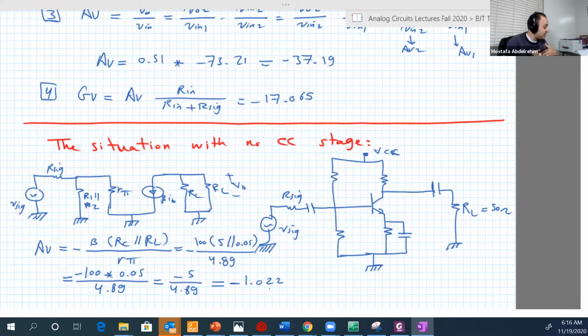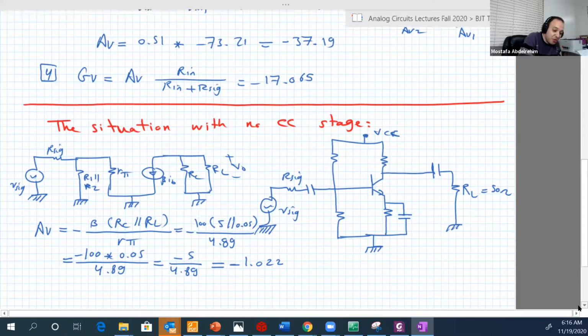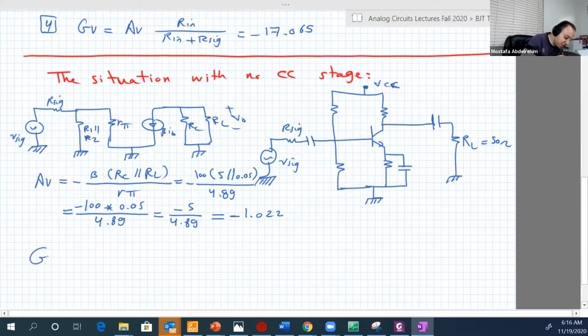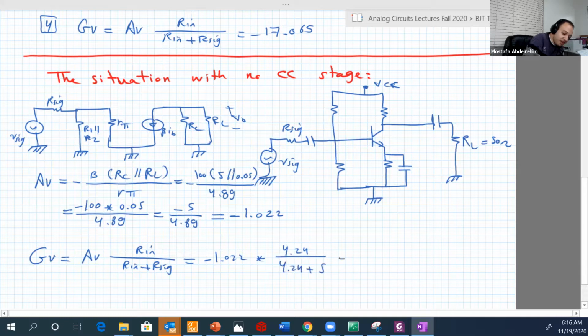And the situation becomes worse when we do GV. So GV is equal to AV, our input, over our input plus our signal. So minus 1.022, 424 over 424 plus 5. This is approximately half.